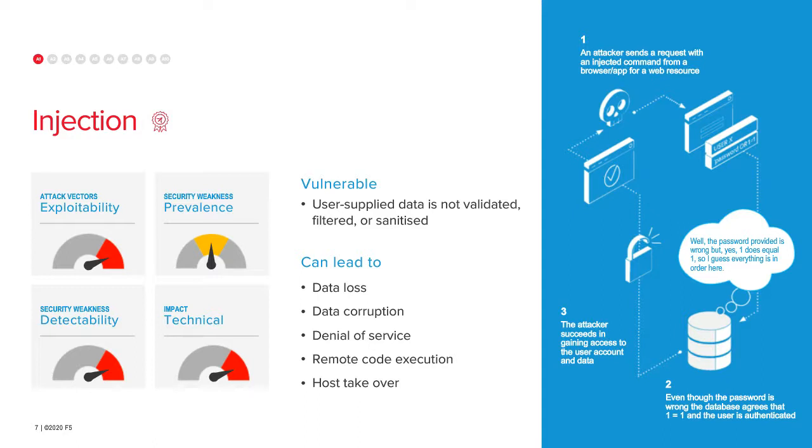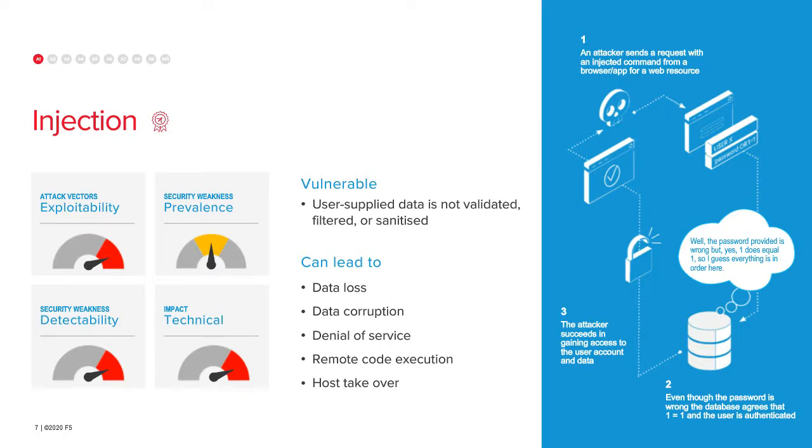Clearly, we can see from the little speedometers that we've created that this is a pretty serious vulnerability, and it's somewhat of a catch-all. Injections can affect lots and lots of different systems, like I said, from SQL databases and even NoSQL databases.